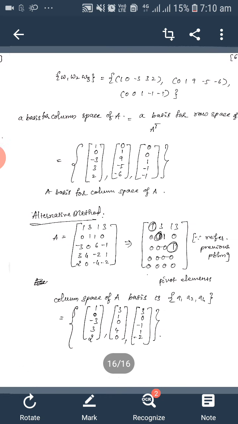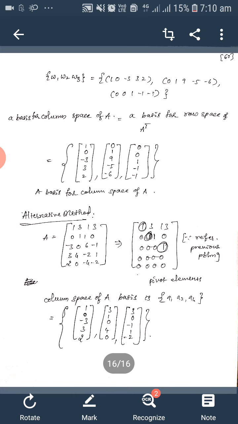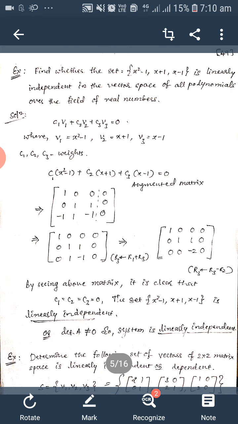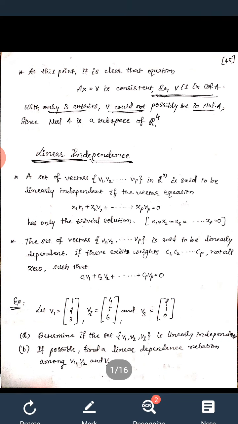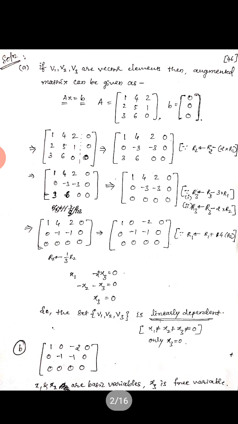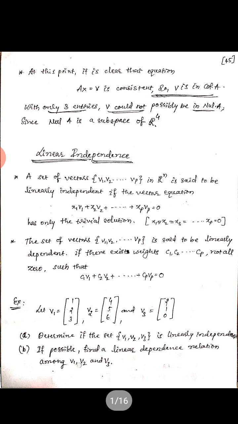So what we have seen today is linear independence and linear dependence: how we can say the system is linearly independent and how we can say it is linearly dependent. Independent means all the weights x1 x2 x3 should be 0.